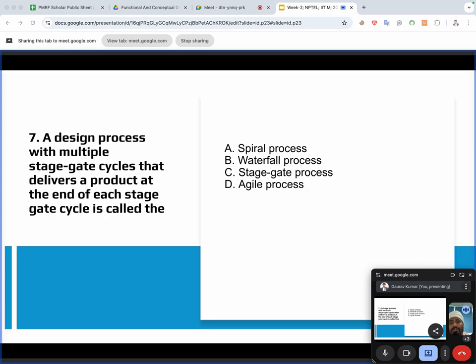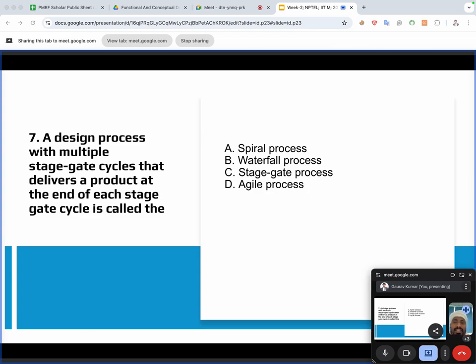Next, the waterfall process. It is a linear and sequential development process. Each phase must be completed before the next begins, like a waterfall flowing down one step at a time. Think of a domino chain: you can't go back and change the first tile once it's tipped. The key stages are requirement analysis, system design, implementation, integration and testing, deployment, and then maintenance.